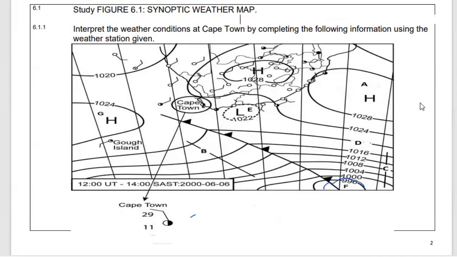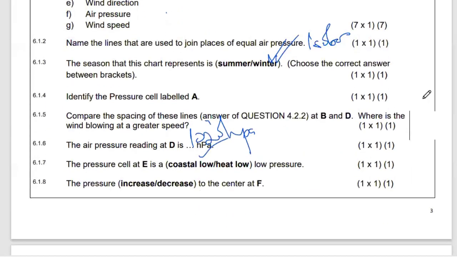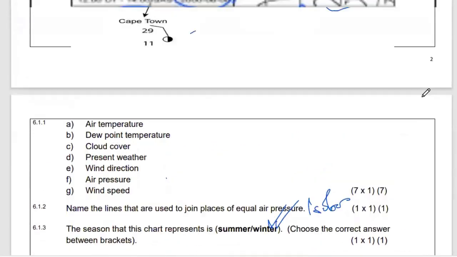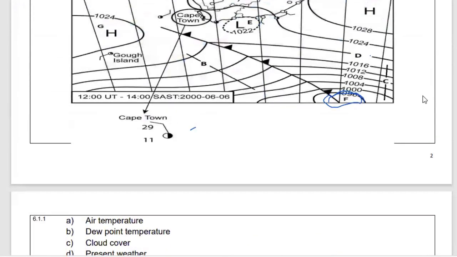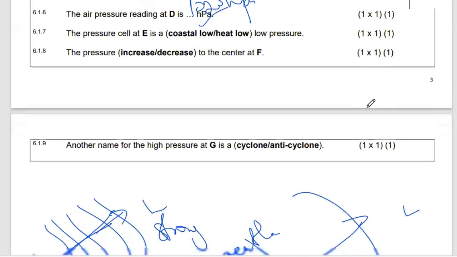And the question is asking whether the pressure increases or decreases to the center at F. Let's look at the sequence here. Is F a high or a low pressure cell? It goes 1016, 1012, 1008, 1004, 996. Our pressure is decreasing towards the center, which means that it is a low pressure cell. So it's a decrease.